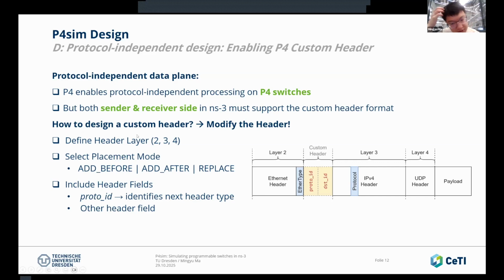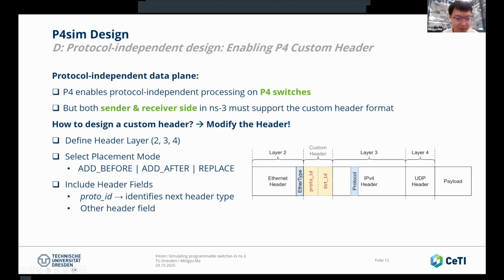It's very straightforward for this design. I just define the layers. The host and the receiver that want to send the packets can add the custom header. They can add it before or after, or replace some header part of the packets.